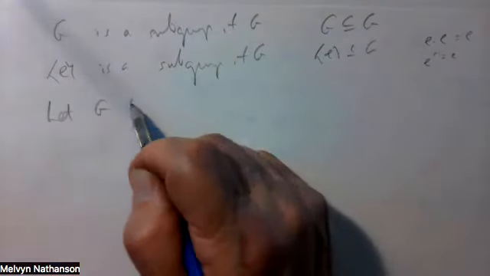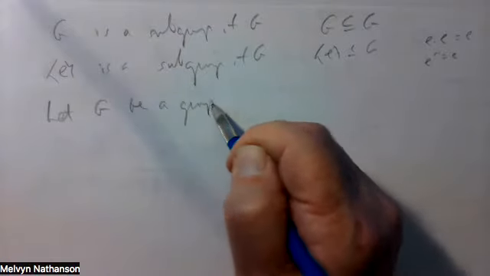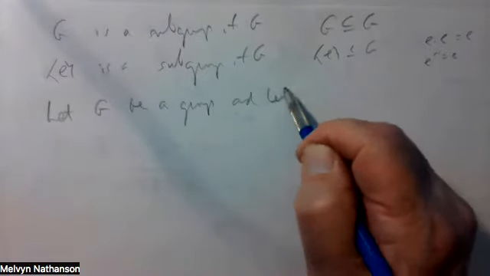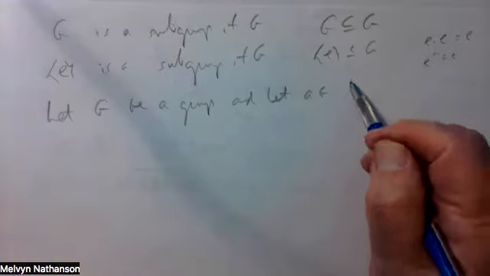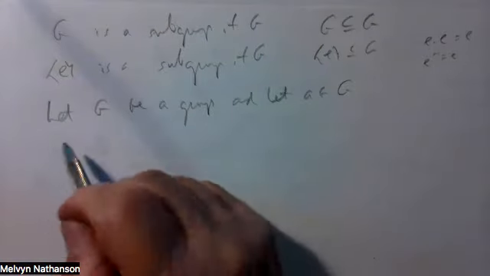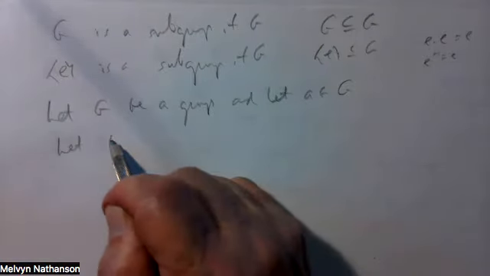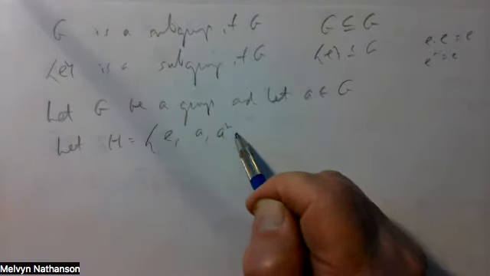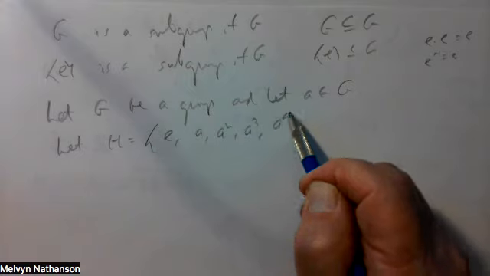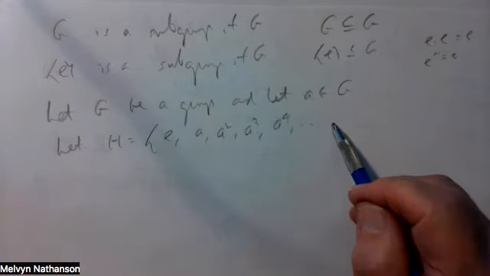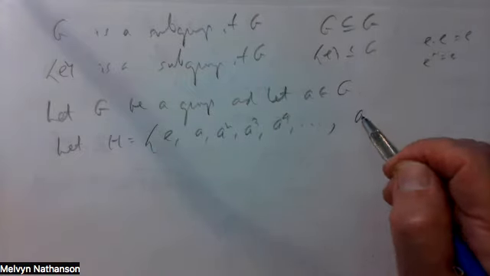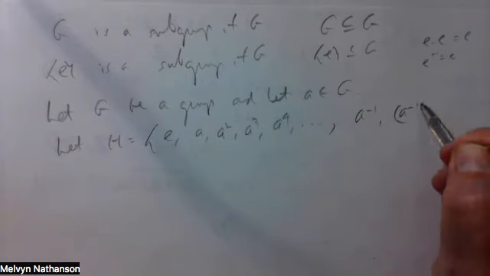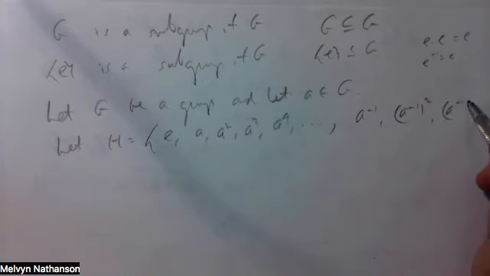Let G be a group and let A be an element of G. Let H be the set consisting of E, A, A squared, A cubed, A to the fourth, all the powers of A, but also A inverse, A inverse squared, A inverse cubed, and all the powers of A inverse.